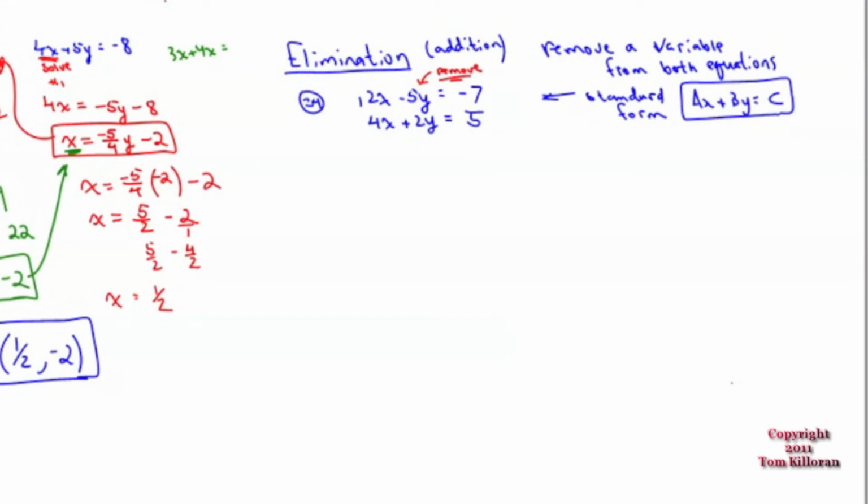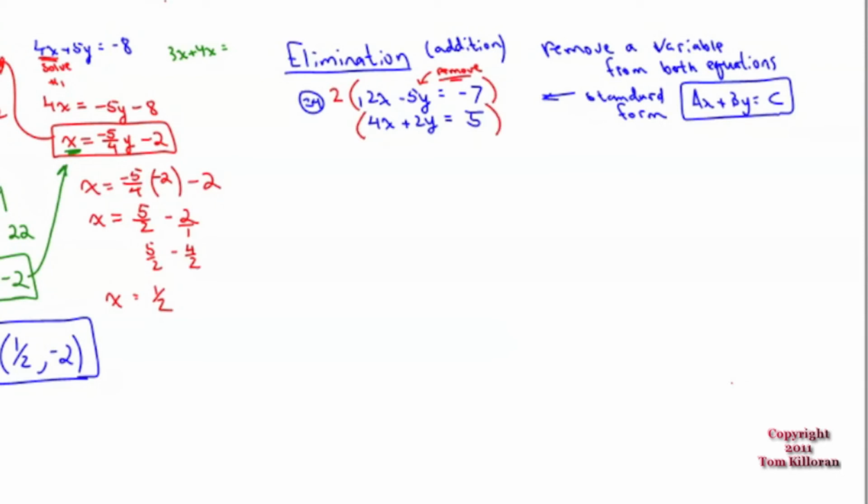So here we have a -5y and a +2y. If we're going to use additive inverses, we want those y's to be the same value, opposite signs. One positive and the other one negative. We're going to multiply the entire equation by 2 on the top and by 5 on the bottom.